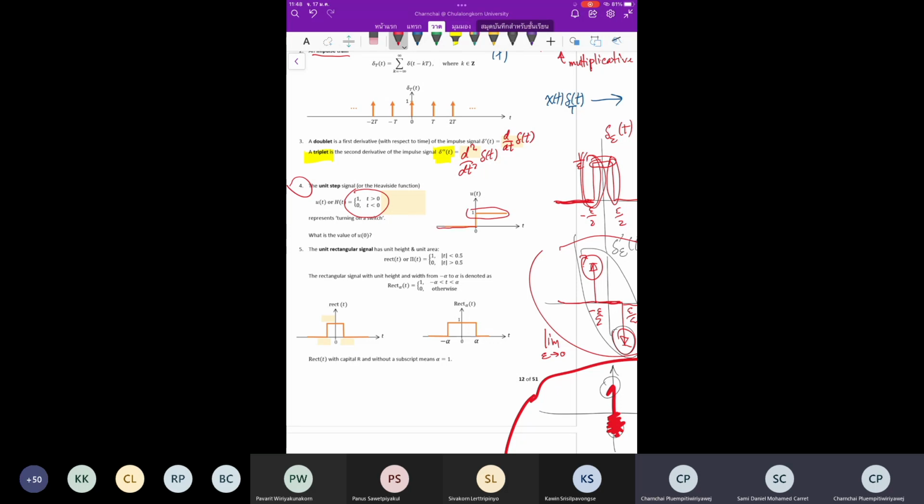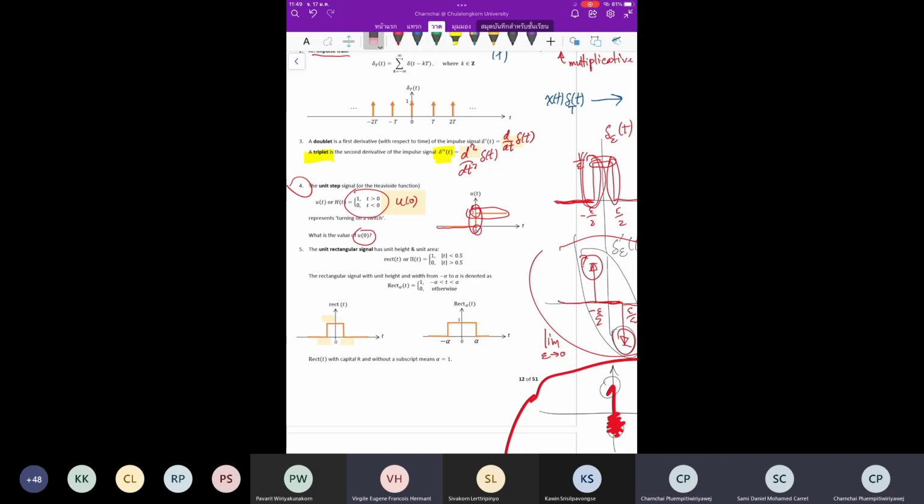The question is, what is u(0)? According to this definition, u(0) can be any value between 0 and 1.